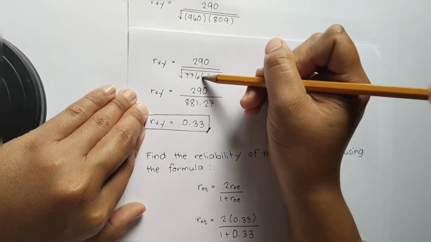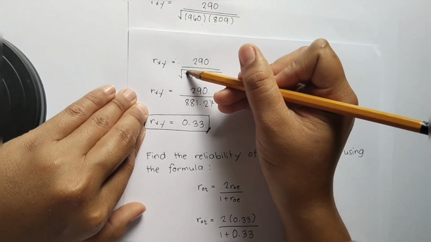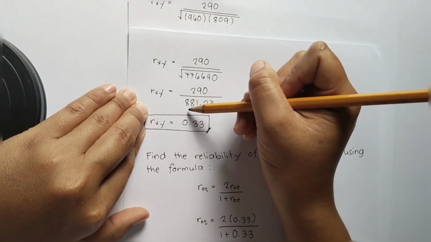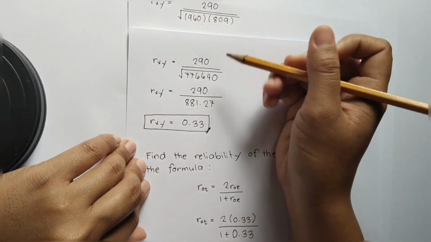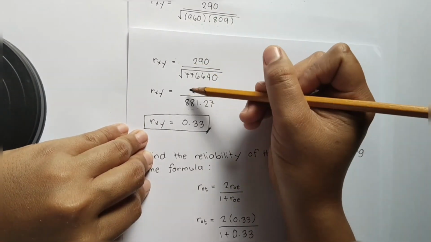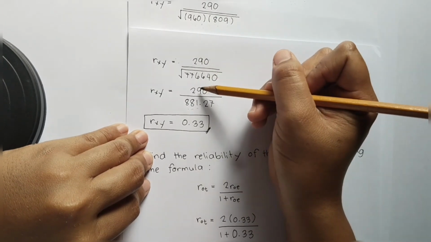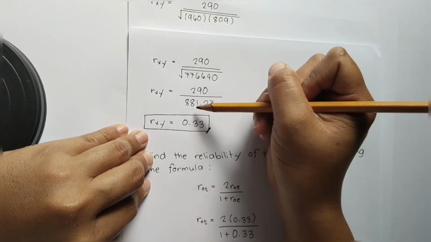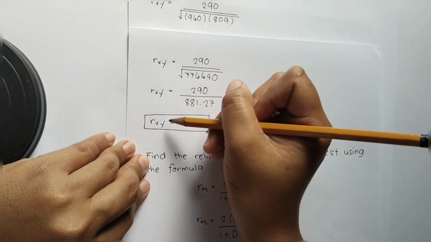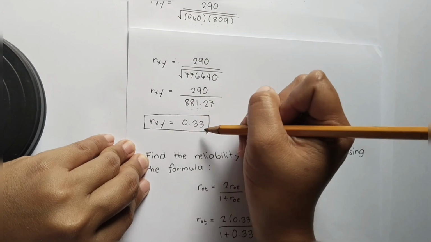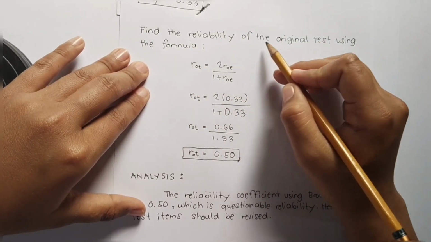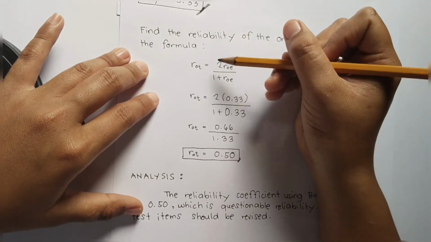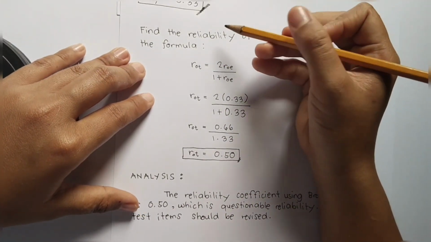I-square root muna natin itong nasa ibaba. So, the square root of 776,640 is 881.27. So, atin na itong isosolve. So, 290 divided by 881.27 is equals to 0.33.